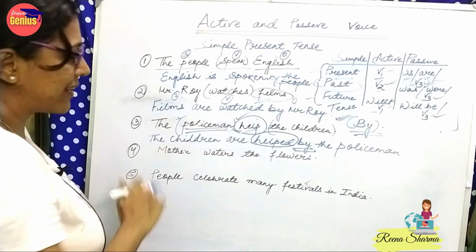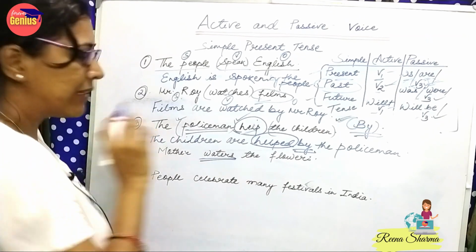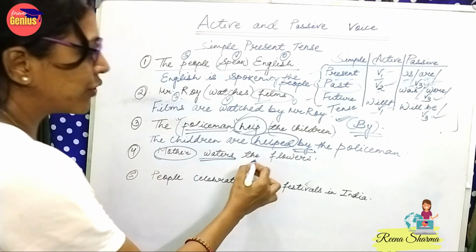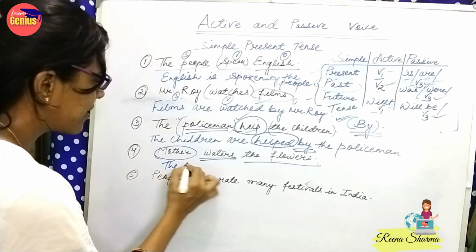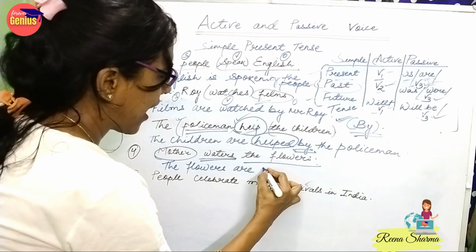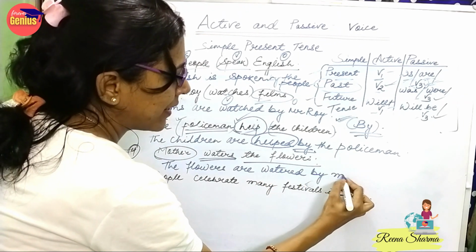Now look at our next example. Mother waters the flowers. So waters, this is the verb form. Mother is singular. So now just interchange it. The flowers are watered by mother, because flowers are plural.